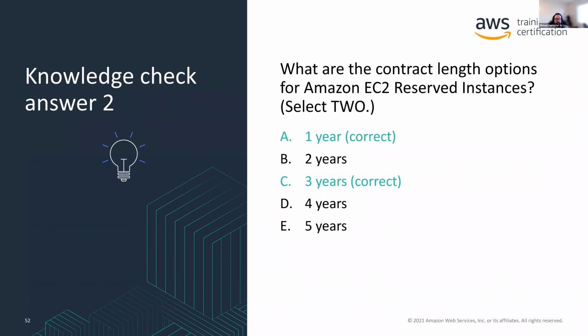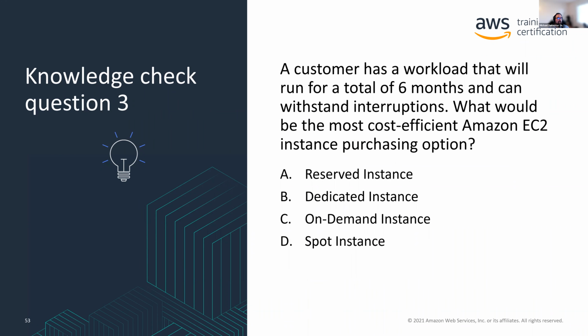So 1 and 3 years, just to make sure we're clear. All right, a customer has a workload that will run for a total of 6 months and can withstand interruptions. What's the most efficient EC2 instance purchasing option if they have an app that can withstand interruptions? Good. Yeah, spot instances.